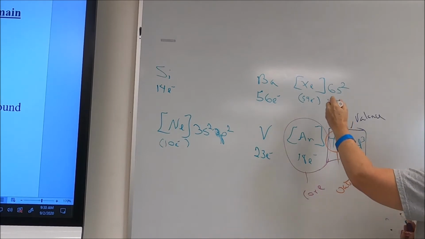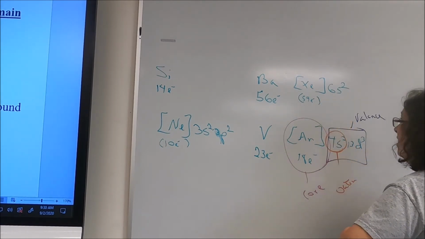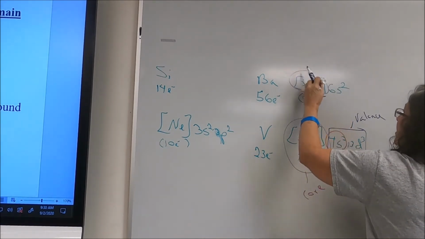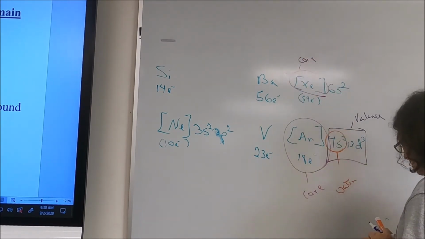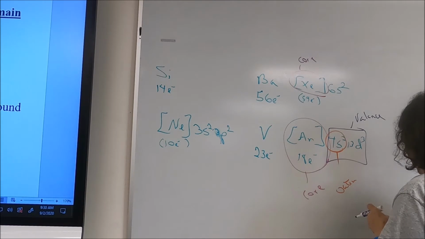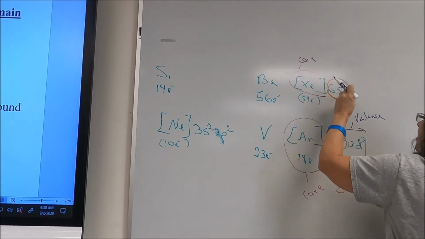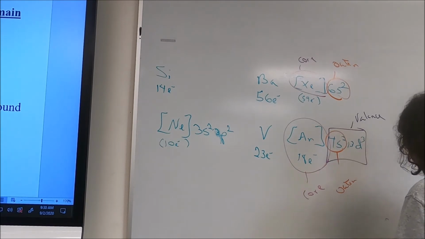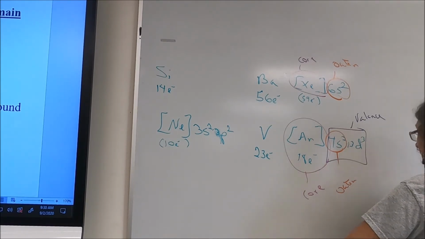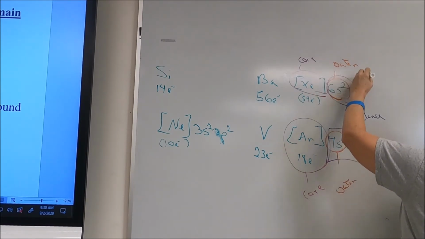If you look at barium up here, again, there's our core. Okay? There's our outer. And our outer are also our valence.